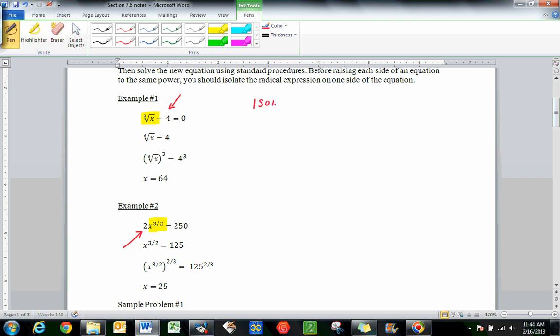So the very first thing you need to do is isolate the radical term, or isolate the rational exponent term. So you can see here first in example number 1 that we add 4 to both sides and we get the cubed root of x by itself, and then at that point I can raise both sides to the third power to eliminate the third root.